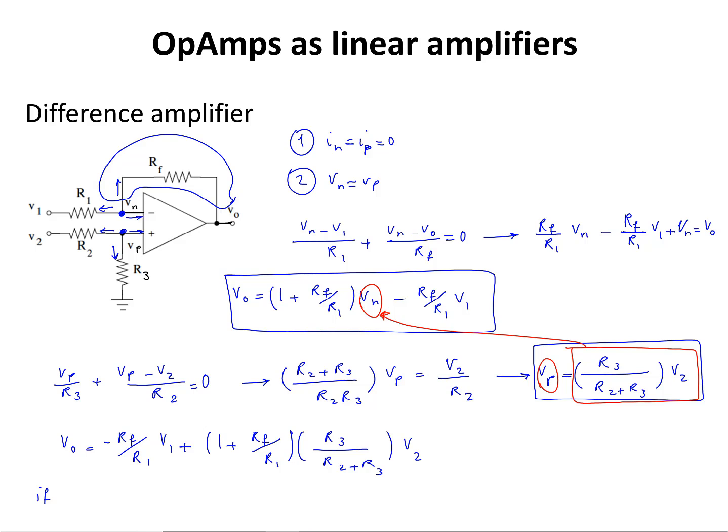If R3 over R2 equals Rf over R1, if I choose the resistors such that this relationship holds, then Vout is going to be equal to Rf over R1 multiplied by the difference of V2 minus V1. So in this difference amplifier, the output is proportional to the difference of two input signals, V2 minus V1.